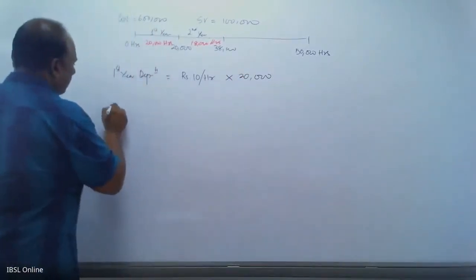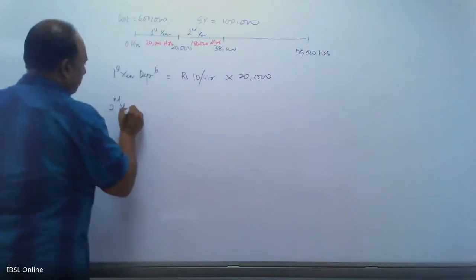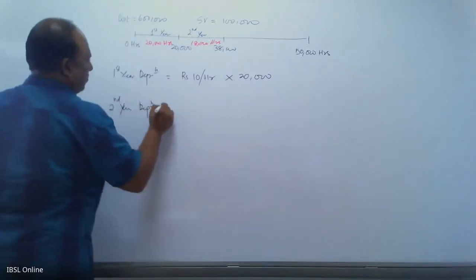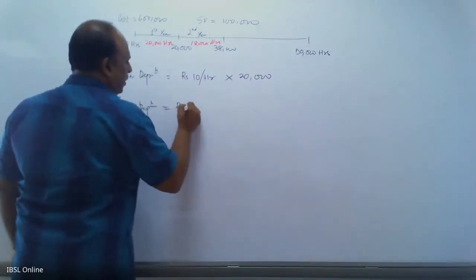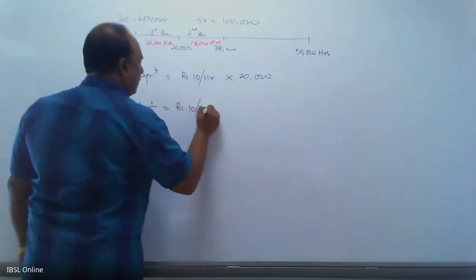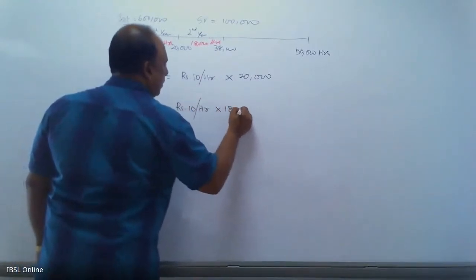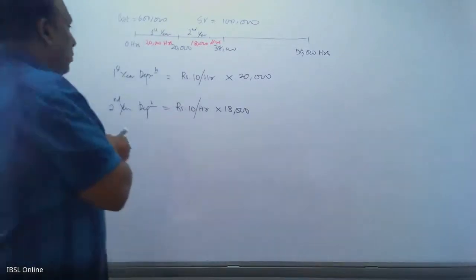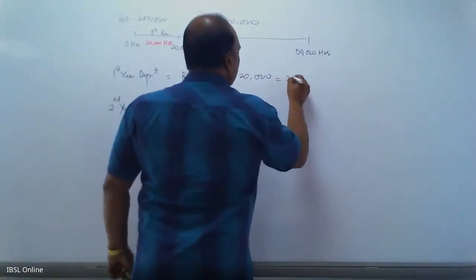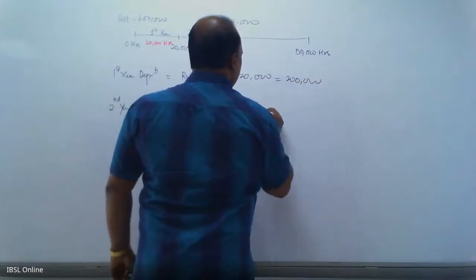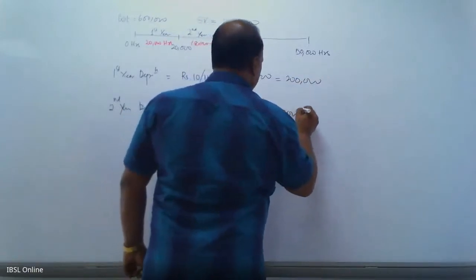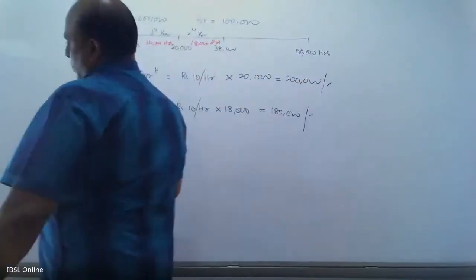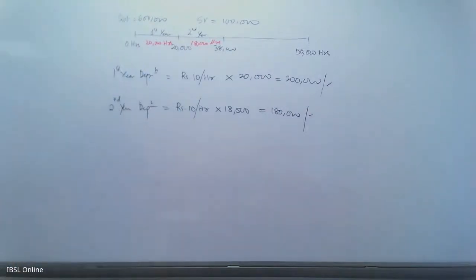Then the second year depreciation, rupees 10 per hour into 18,000. So here it will be 200,000. Here it will be 180,000. Simple as that. So the calculation per se is very straightforward and simple.